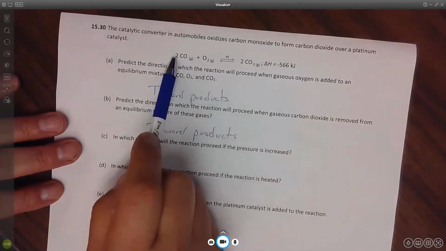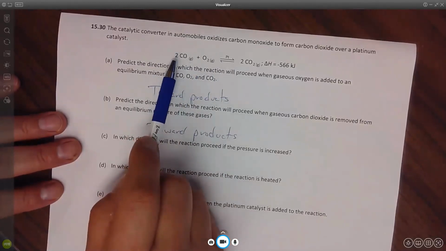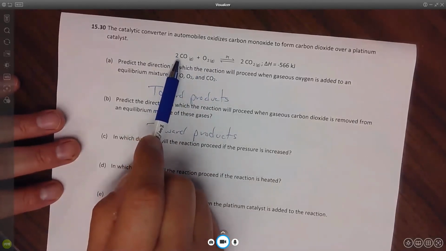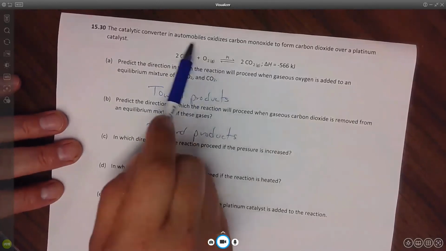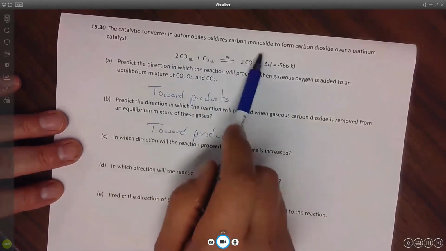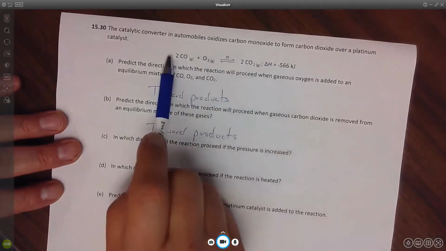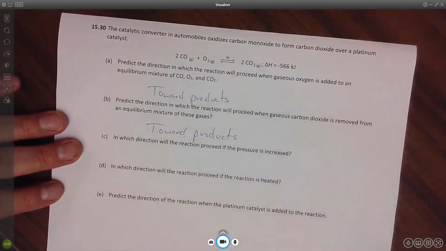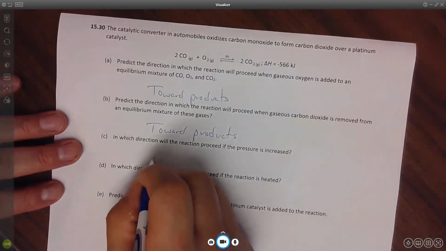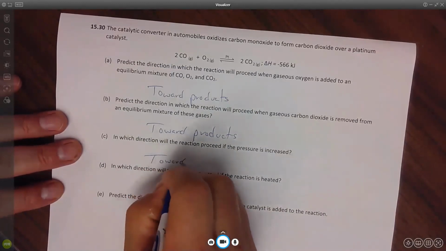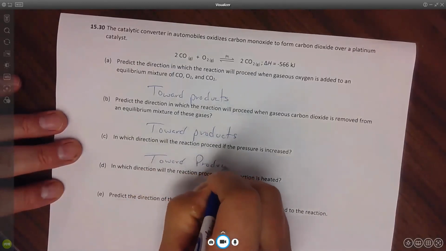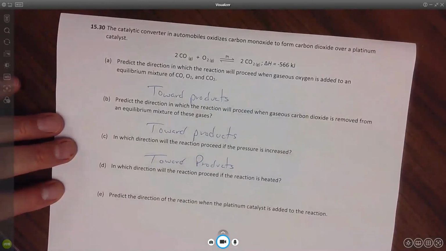So we're going to go from 3 gas molecules, and remember, we only count the gas molecules when we're talking about pressure, to 2 gas molecules. We reduced the number of gas molecules, and therefore the pressure was reduced as well. So again, this is going to go toward products. Okay, does everybody understand that?